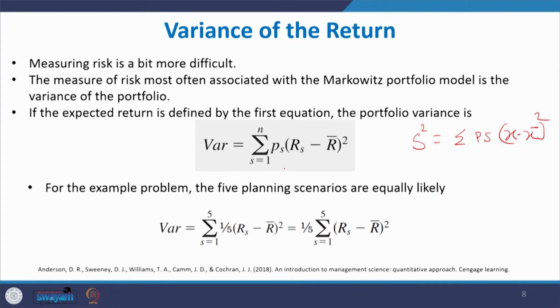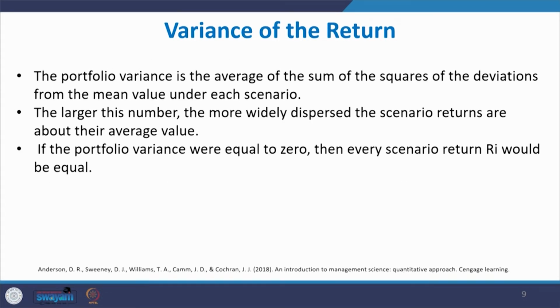So, instead of P s we can replace it by 1 by s, R s minus R bar whole square. So, this is the expression for the variance of the portfolio. The portfolio variance is the average of the sum of squares of deviations from the mean value under each scenario.